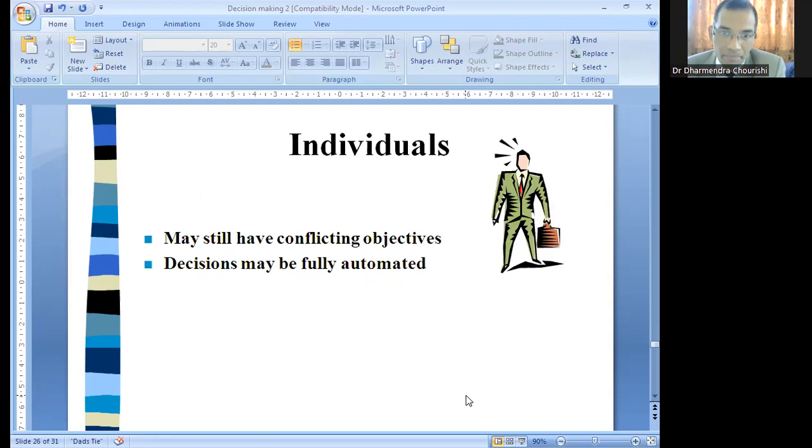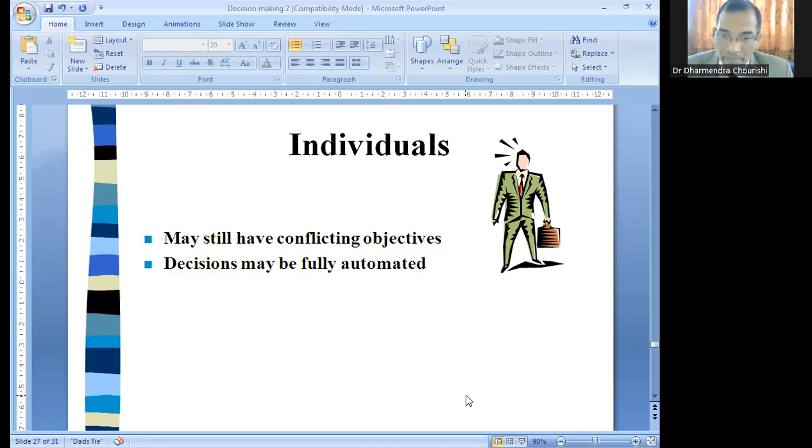The individual may still have conflicting objectives. Sometimes we could say that it is biased, or it's that particular one's approach, his or her style, which may not be so preferred compared to group level decision making.